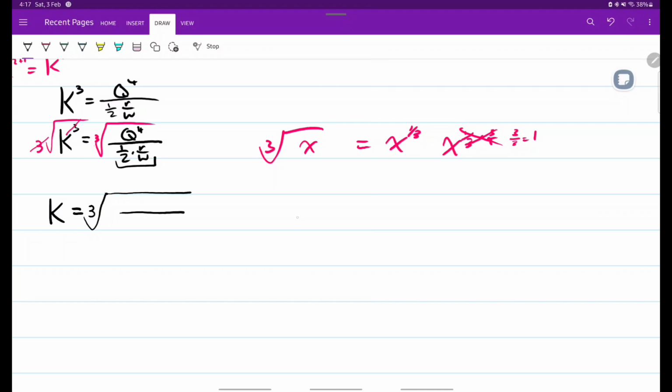That is a multiplicative fraction. So that will equal r over 2w.